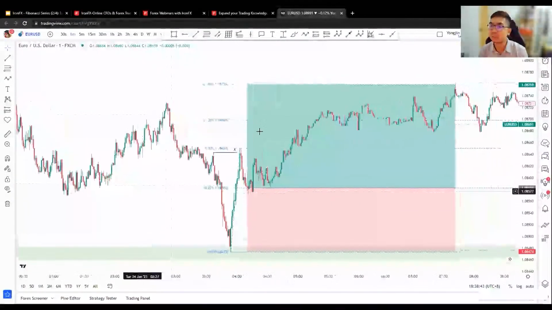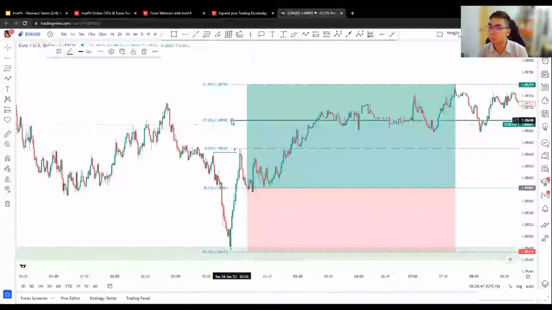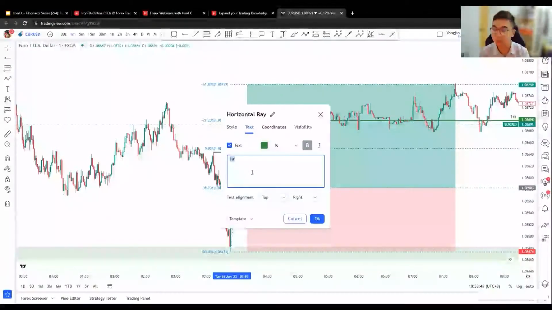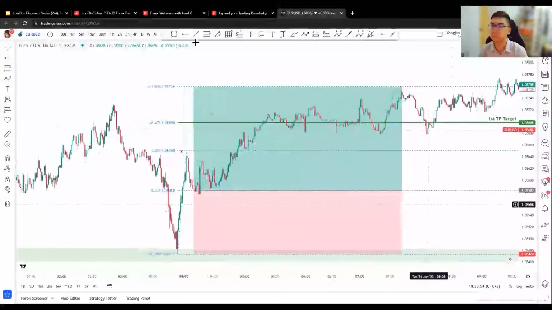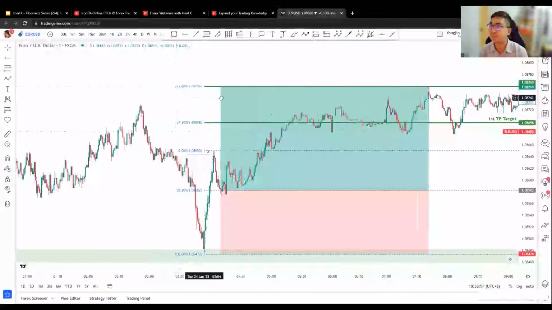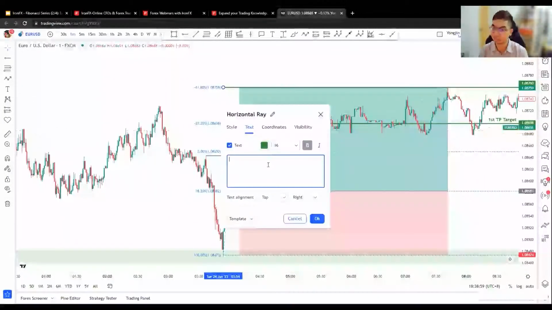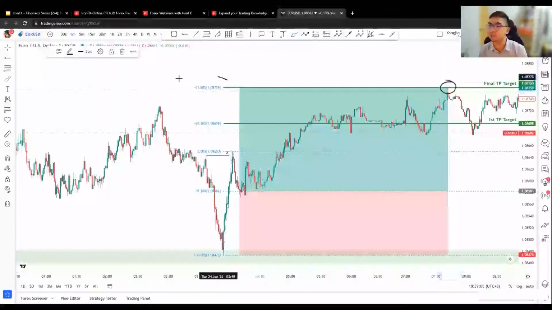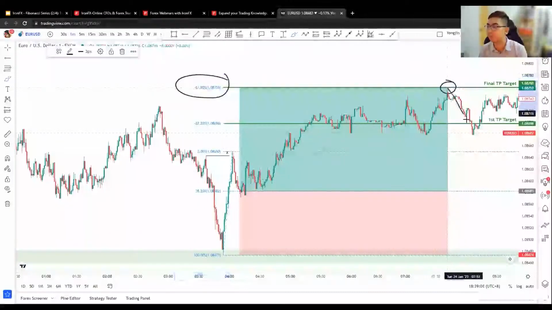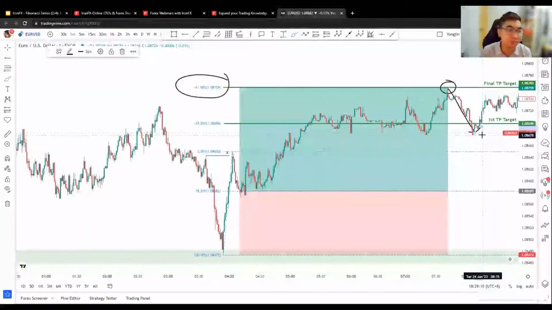Same thing, this could be your potential first take profit target, first TP target. Next, it's your final take profit target. So I'll set this as the final TP target. You notice price taps very nicely into the negative 61.8% before it automatically reverses all the way back down.